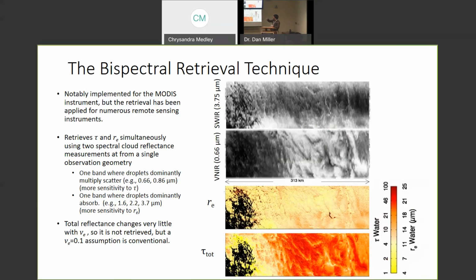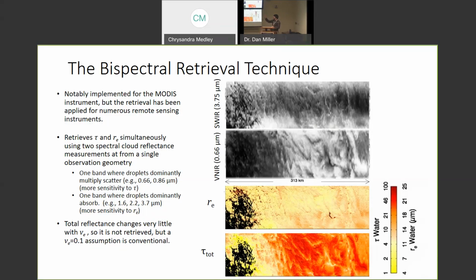The premise is that you take a band that, in terms of liquid water, is predominantly scattering, say in the near visible, like 0.66 or 0.86 microns wavelength. Clouds there are very bright because they scatter a lot of light, and there's a lot of multiple scattering. So you have significant sensitivity to optical thickness because it's so dominantly scattering.